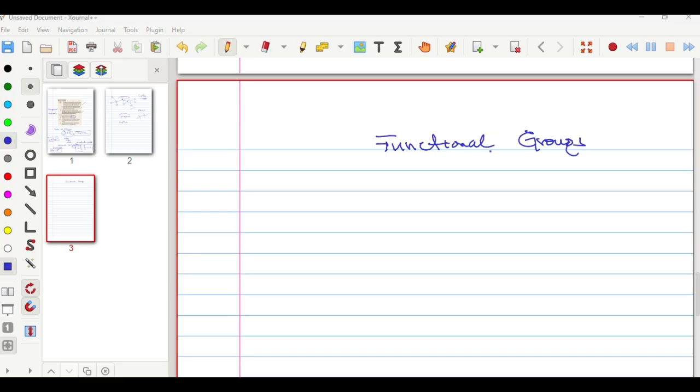You can call it an atom or group of atoms that dictate how a molecule reacts, or dictate the chemical properties of a compound, any way you want it. Does that make sense?